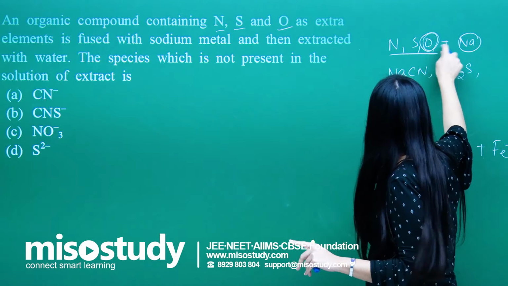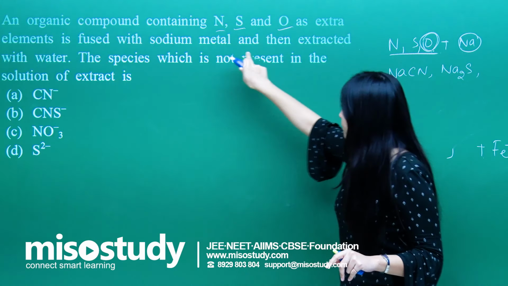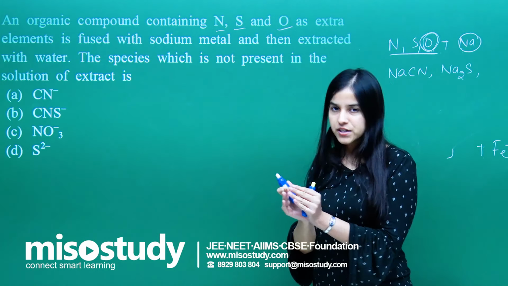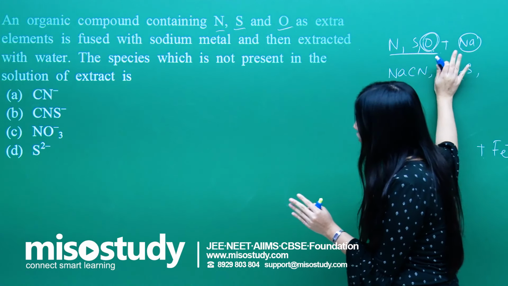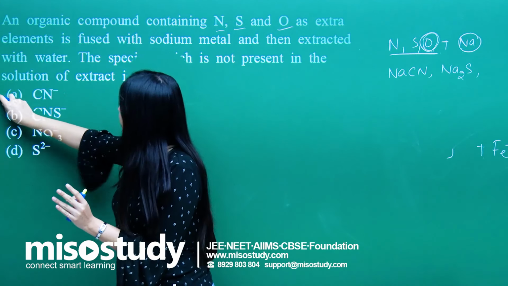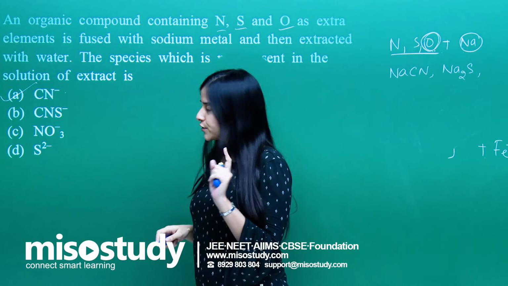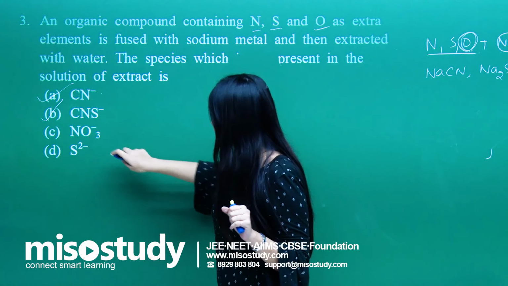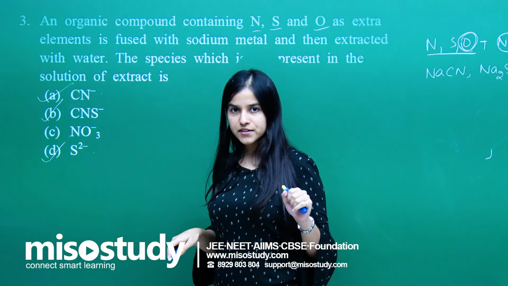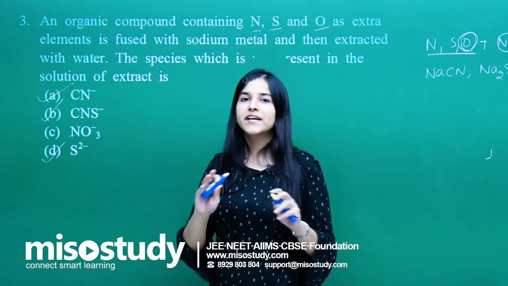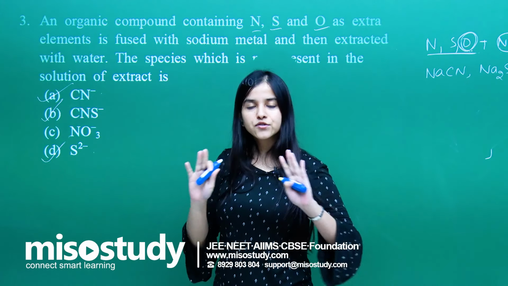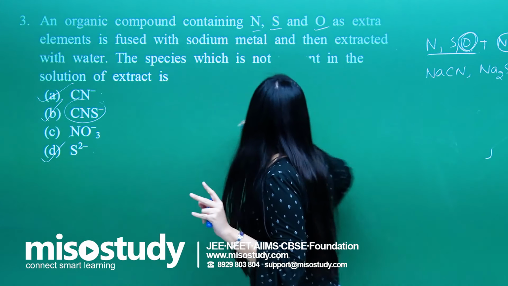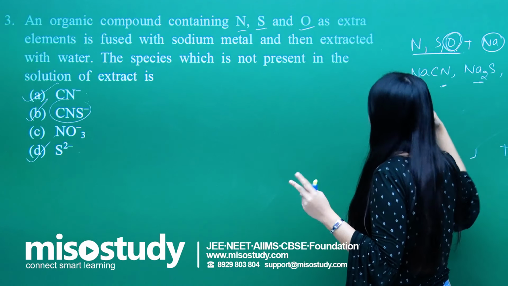I have got an alkali as well, right? The species which is not present in the solution extract. Now, the solution extract we have formed. So, these are the species which can be formed over here. I can have CN, right? I can have CNS, right? I can have sulfide, but nitrate cannot get formed over here. So, there is no such possibility of formation of nitrate. CNS can be possible if the sulfur gets combined with the nitrogen.